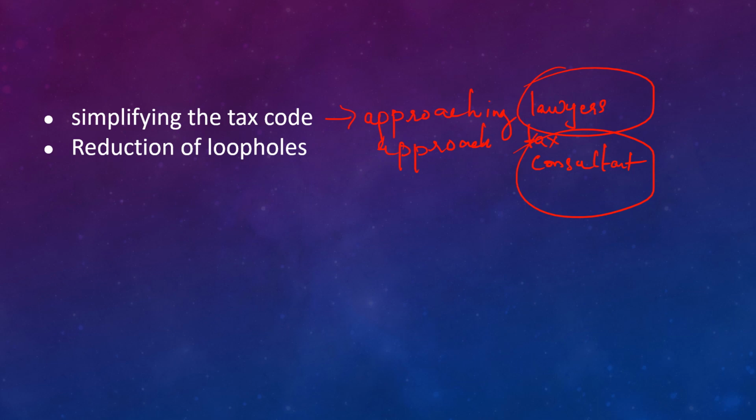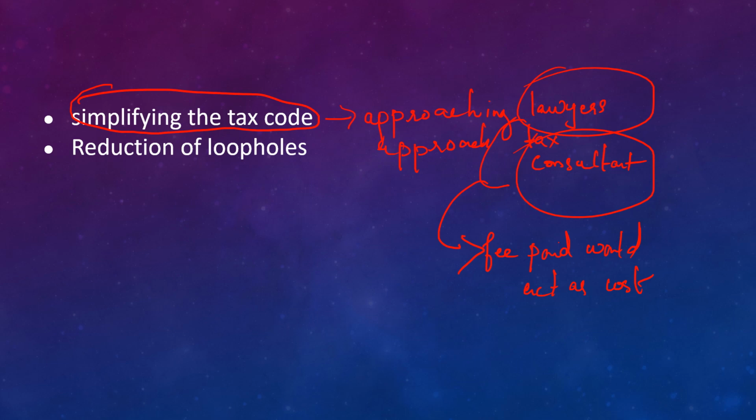We have to pay a fee for them, and that is a cost. The fee that you pay to these people will act as a cost, isn't it? It is an increase in cost that has come to you as a result of the complex tax code, the complex tax guidelines. So in order to reduce this cost, the government is going for simplifying the tax guidelines or simplification of the tax code.